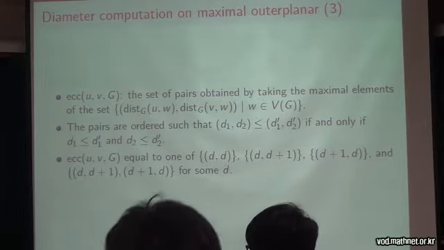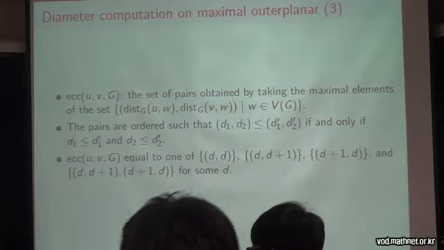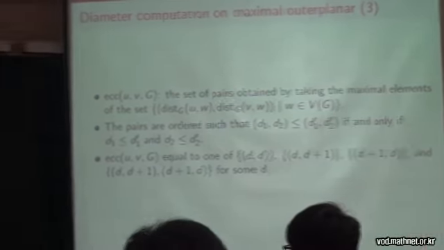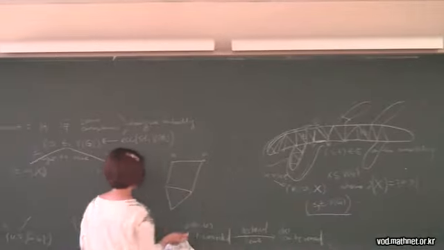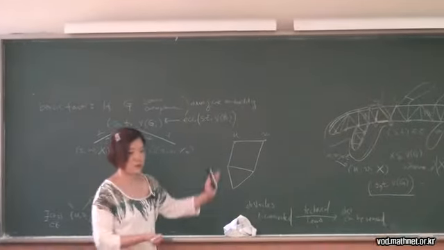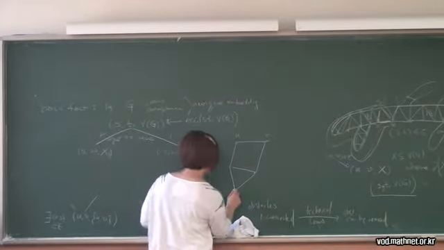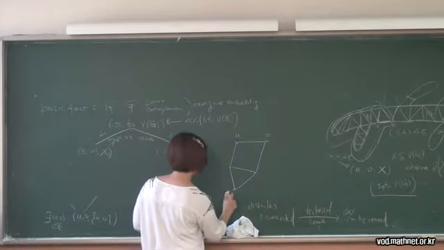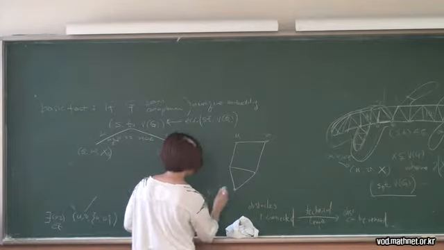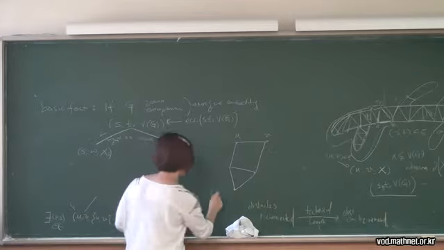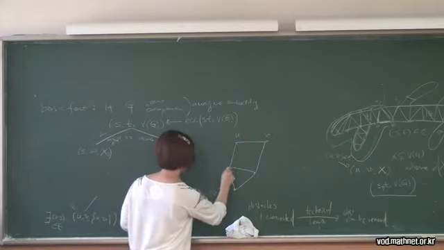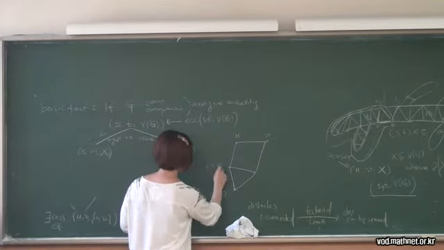For example, suppose this is a graph and I want to compute ECC u, v. For this vertex, the pair would be 2, 2. For this vertex, the pair would be 1, 2.